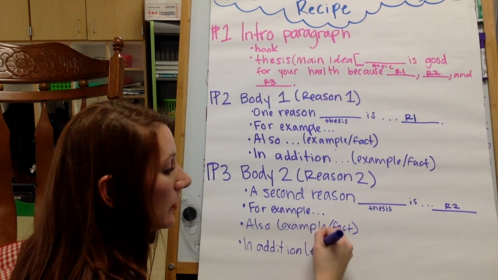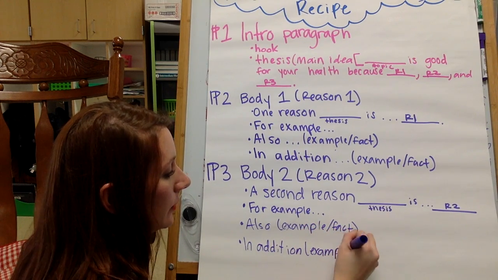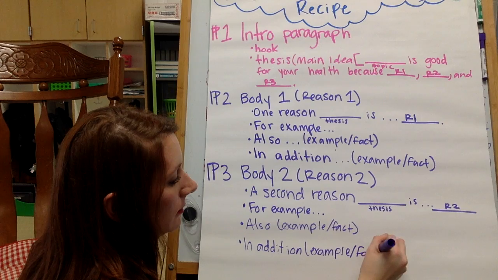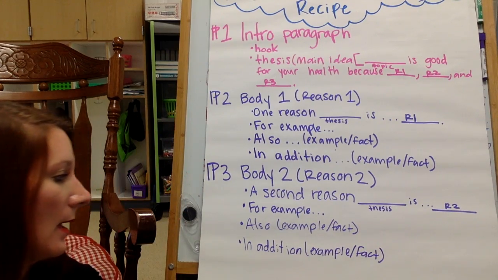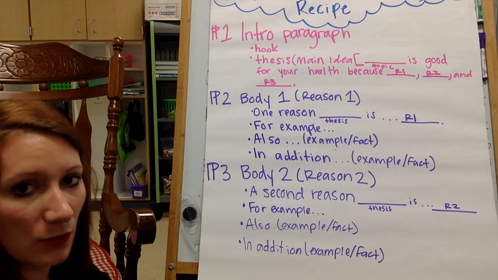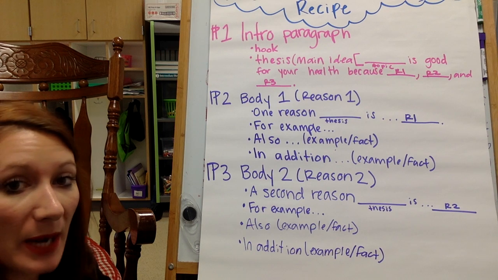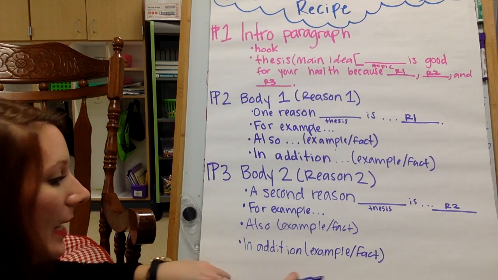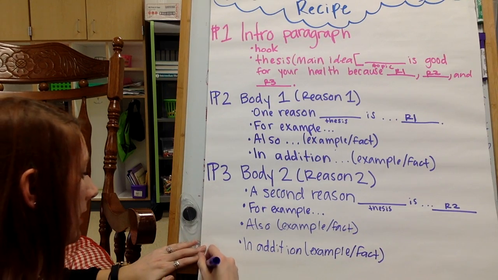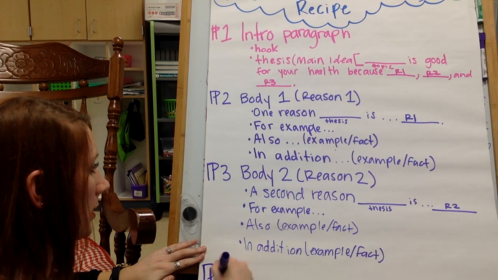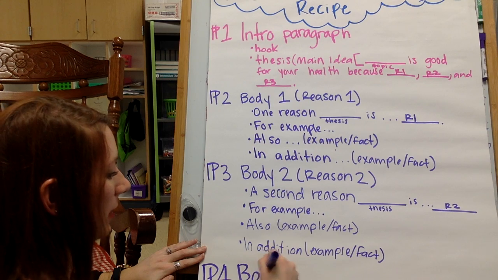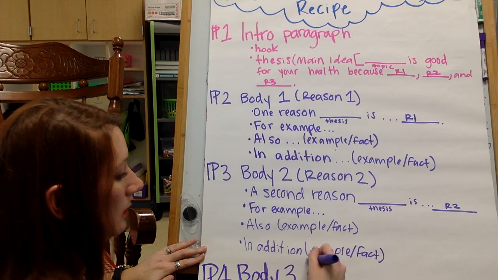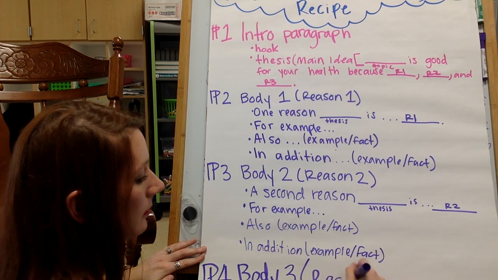Can you add more examples or facts? Absolutely. But you need at least 3. That's the rule. And you guessed it, body paragraph number 3 for reason number 3 looks exactly the same. So I'm going to put paragraph 4, which is body paragraph 3, reason 3.